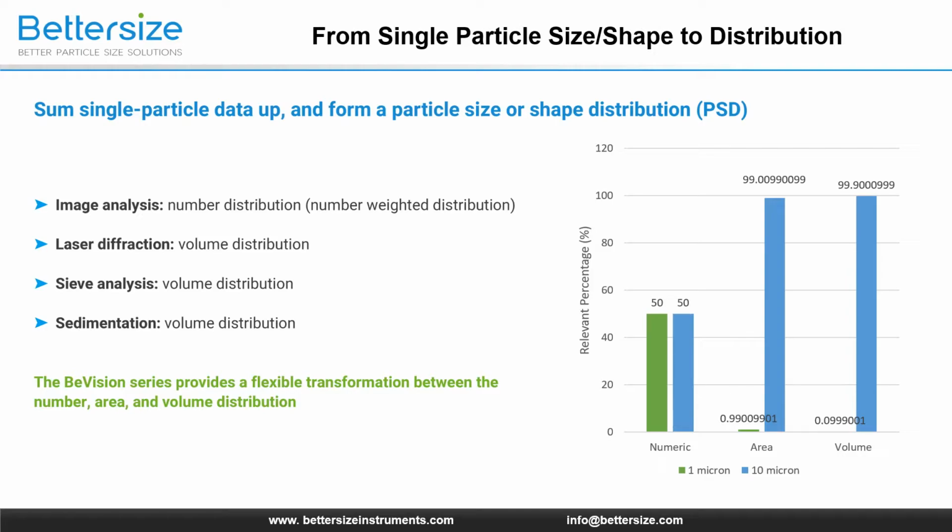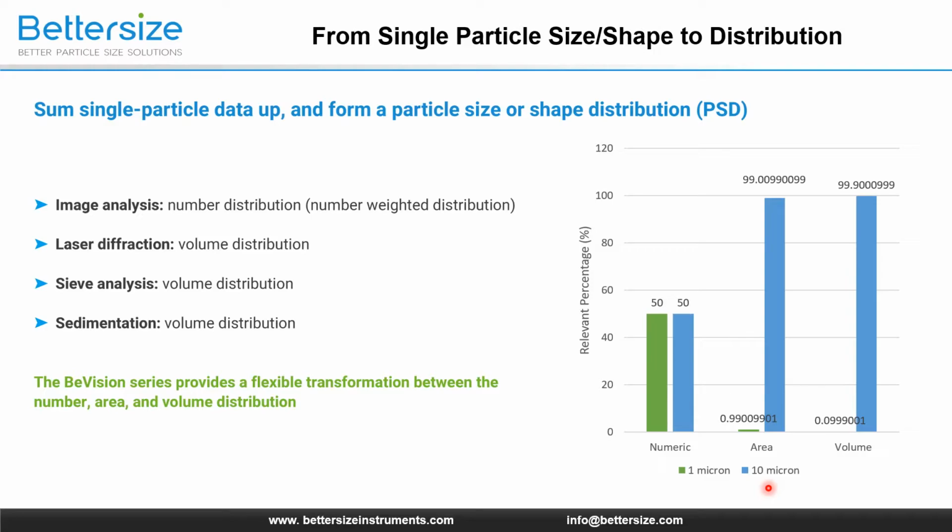Distributions generated by summing particles up are called number distributions or number weighted distributions. Here we got two particles. One is 1 micron large and the other is 10 microns.